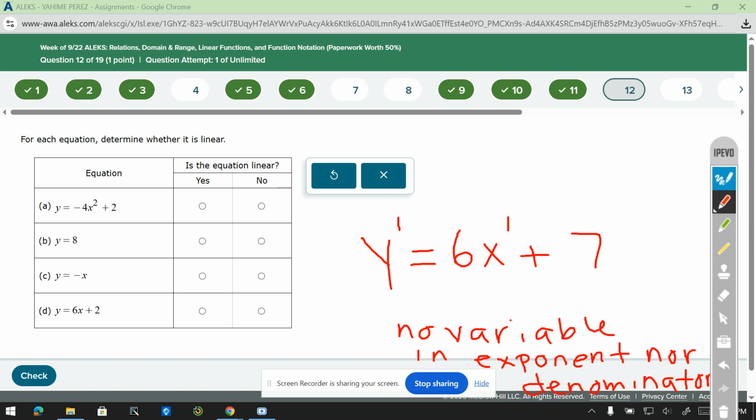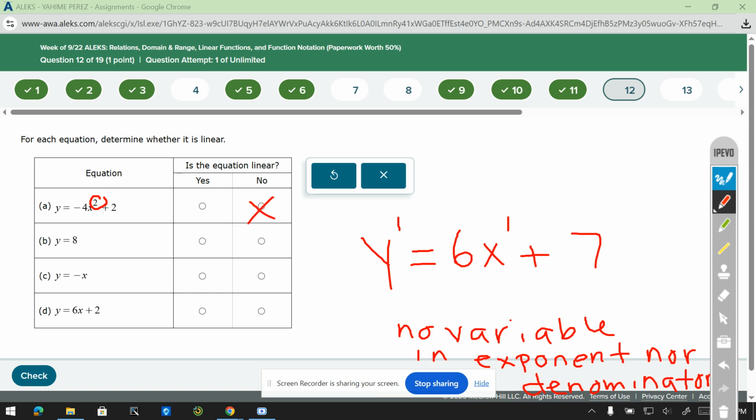That means in order to have that, your variables also cannot be in the exponent or in the denominator of a fraction, right? So equation A has the x with an exponent of 2, so that is not linear.